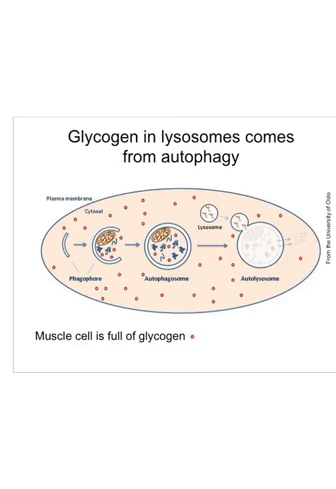As I talked about earlier, the autophagic process is when a membrane gets built within the cytoplasm to surround organelles and other components you want to get rid of. Now, the muscle cell is full of glycogen, as denoted by these red dots in this diagram. And a certain amount of this glycogen ends up getting trapped within the autophagosomes. So when the autophagosomes eventually go into the lysosome, that glycogen comes along with them.